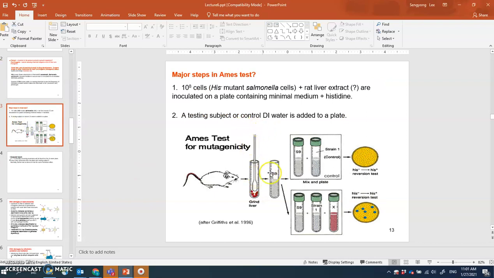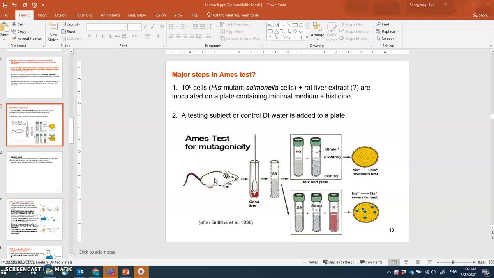You will have a test tube with the cells, the particular Salmonella cells. You'll have about 10 to the 8th cells, about 100 million His minus Salmonella cells growing in there. To that, you're going to add rat liver extract. Why do you need rat liver? You're sacrificing an animal, but the rat is a mammal, just like a human, and it has a liver.